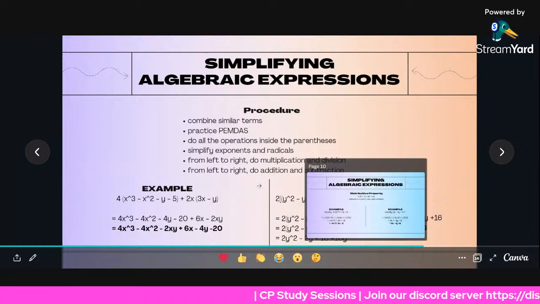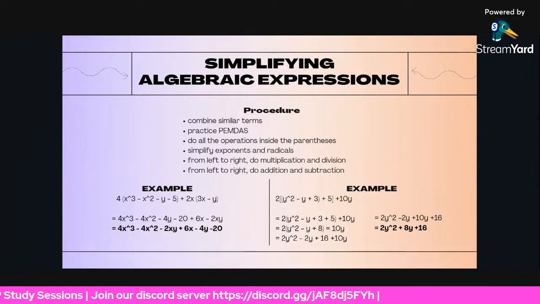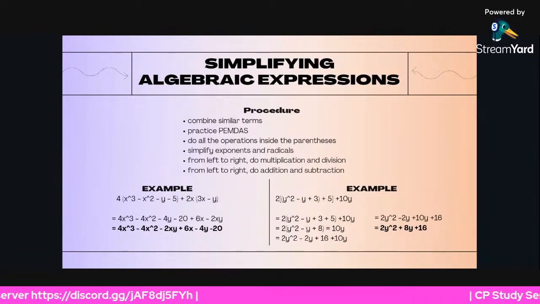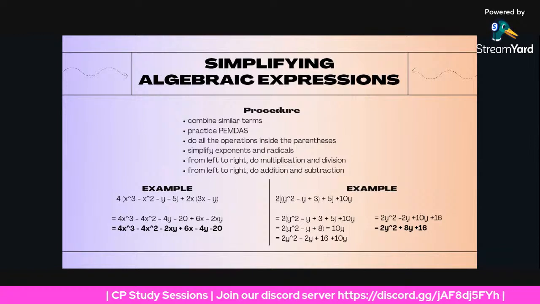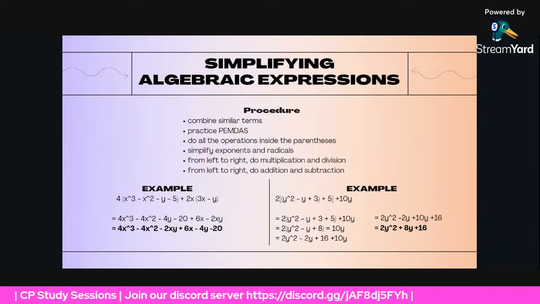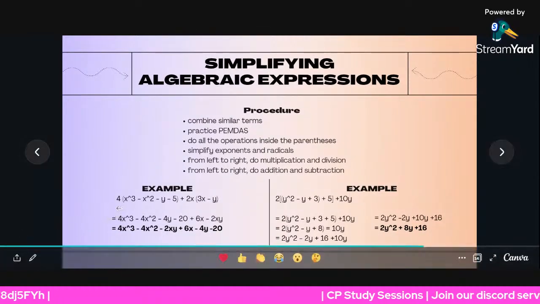So, proceed na tayo sa example para mas madali niyong maintindihan yung procedure. So, 4 times quantity x cubed minus x squared minus y minus 5 plus 2x times quantity 3x minus y. So, katulad nung kanina, this is distributive property.